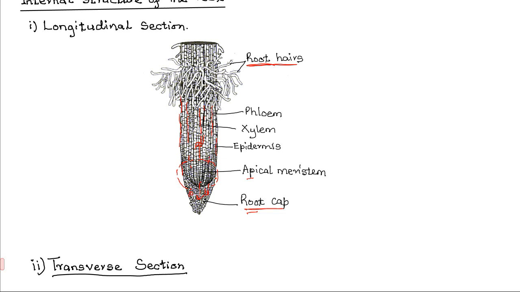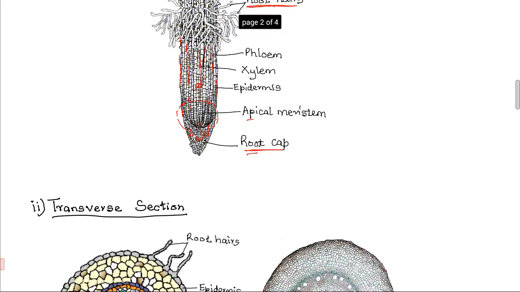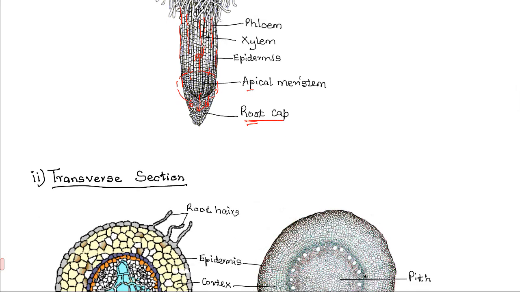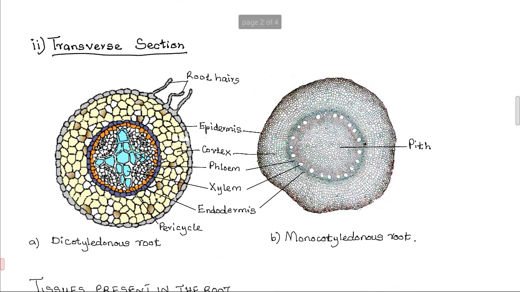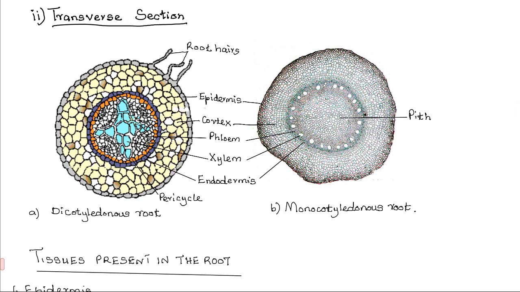Now, looking at the transverse section. A transverse section is made by cutting across the length of the plant root, and when that is done, the following tissues are observable.